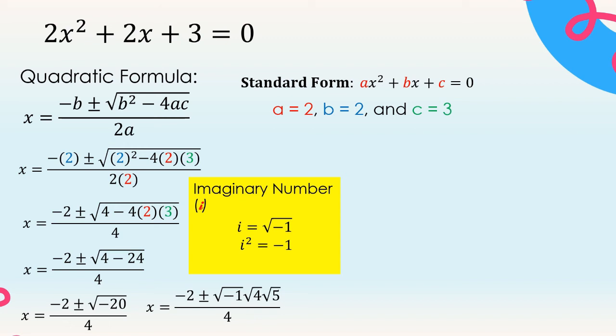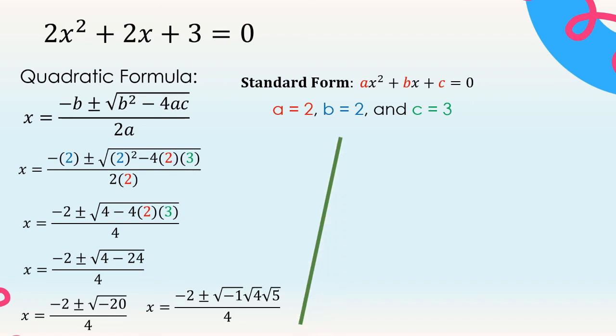Now the square root of 4 is a perfect square factor. So over 4. So to simplify, we now have x is equal to negative 2, positive and negative, 2i, because the square root of 4 is equal to 2, and the square root of negative 1 is equal to i, multiplied by the square root of 5 all over 4.